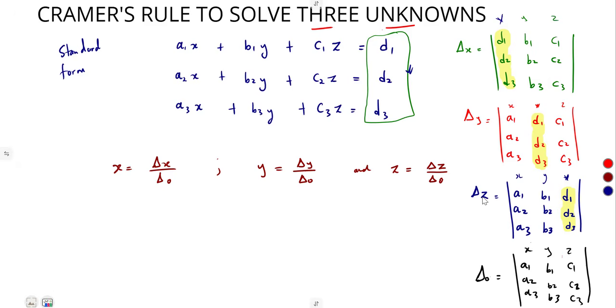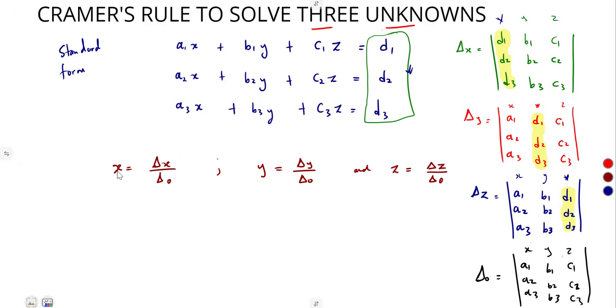Depending on the question, are you to solve for x only? Are you to solve for y only, z only? Or you are being asked to solve for x, y, and z? If you are being asked to solve for x, y, and z, it means we must determine all.